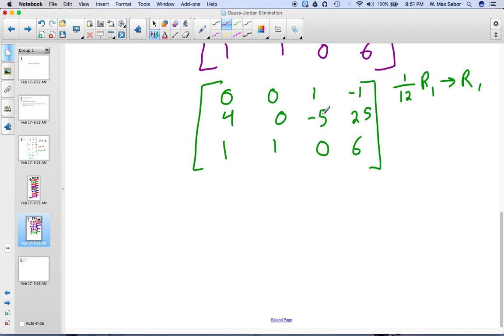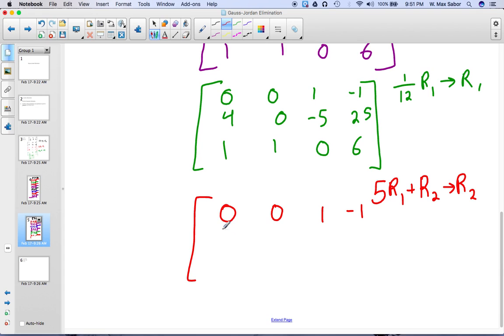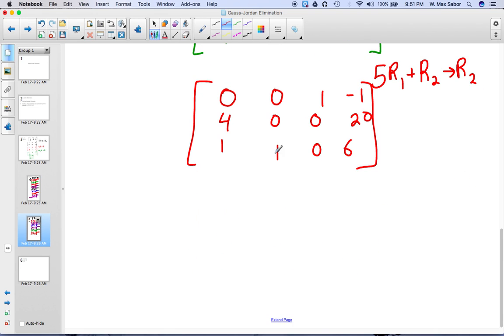Take 5 times this row and add it to there to get the z's to cancel out. Now we can divide this middle row by 4.